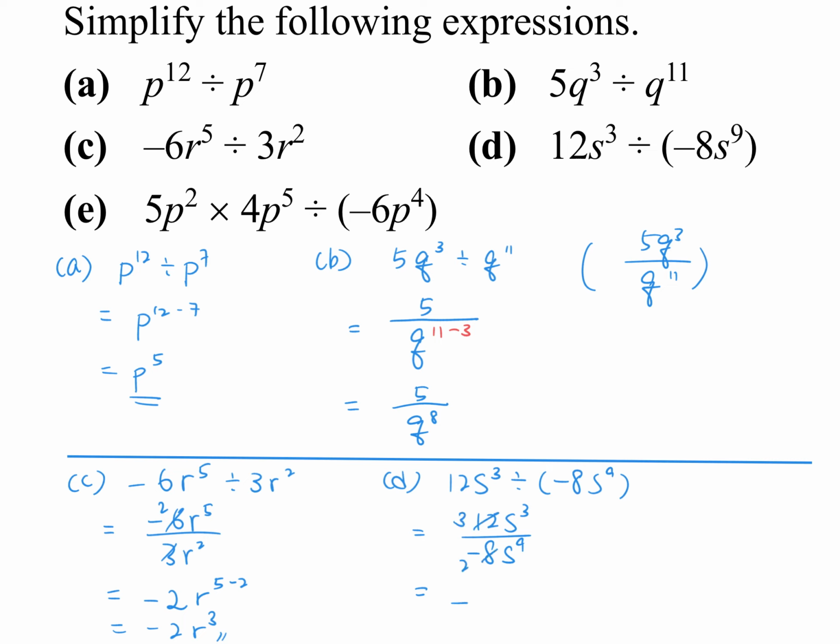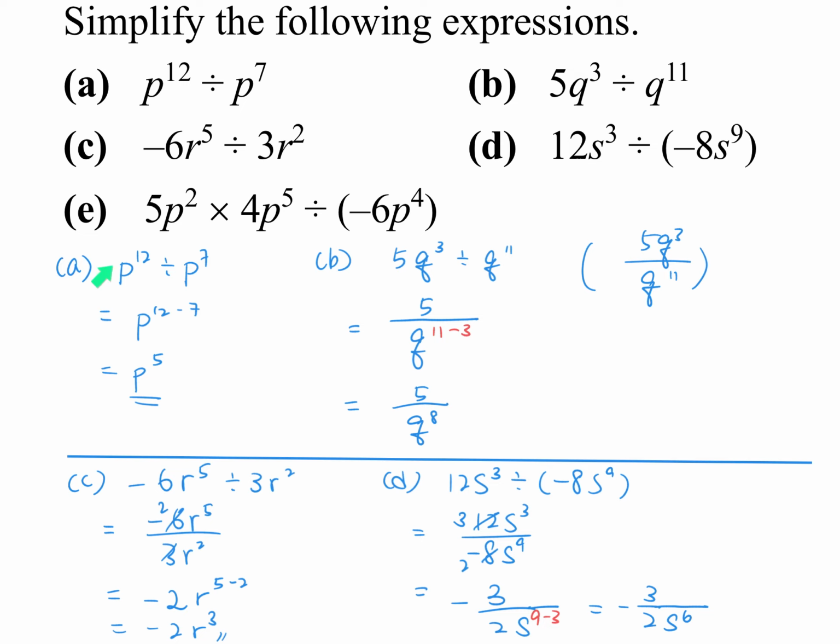Don't forget there is a negative sign, 3 over 2. And then in the denominator, we have the subtraction, 9 minus 3. At the end, it is negative 3 over 2. Don't forget, s is in the denominator. So at the end, the answer will be like this.